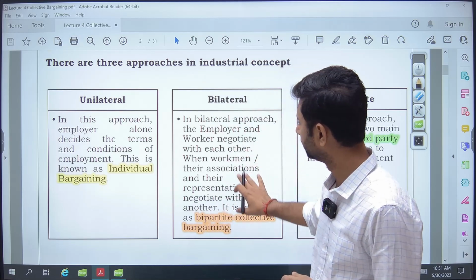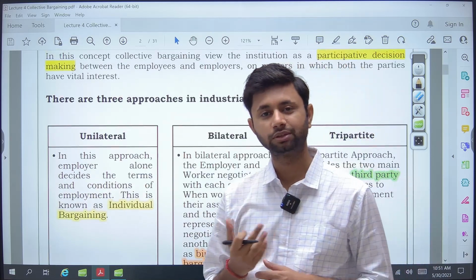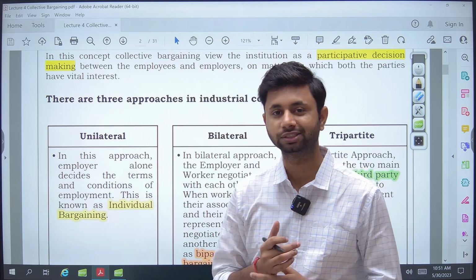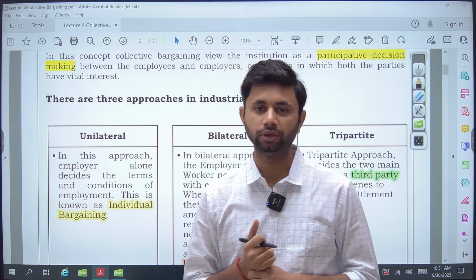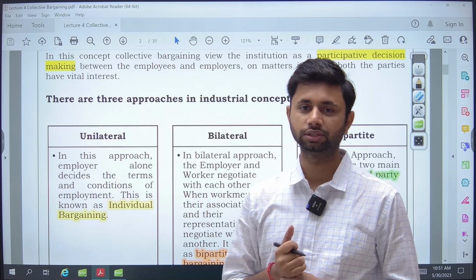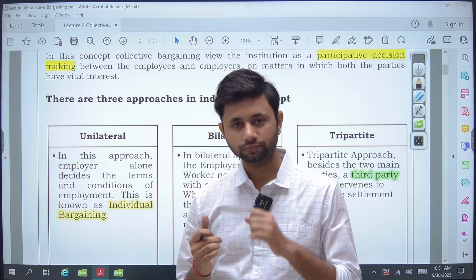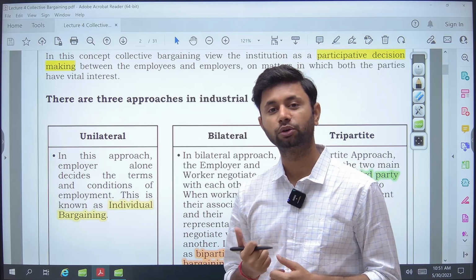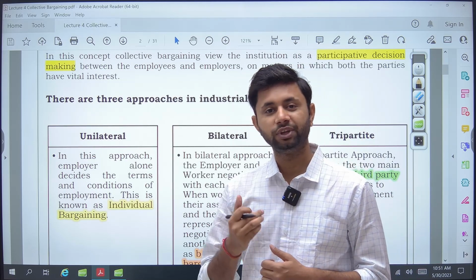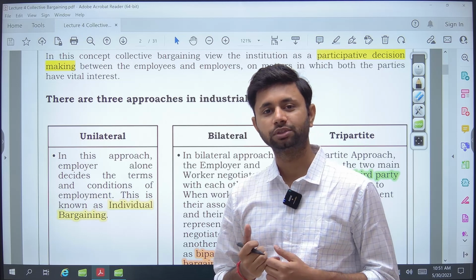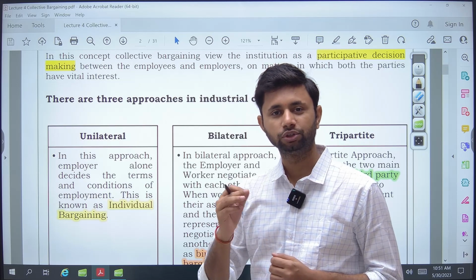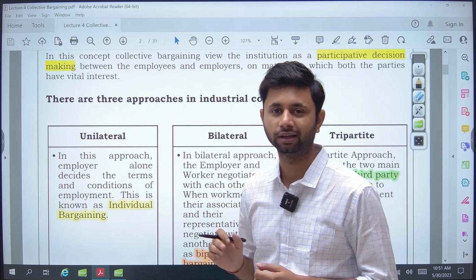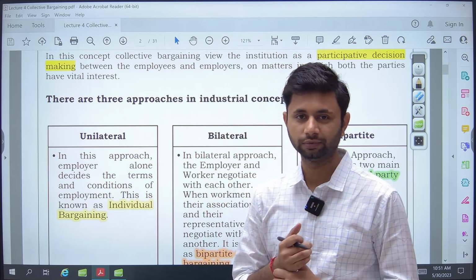But before that, we have to understand the basic theoretical concepts of collective bargaining so that we get a clear picture of it. Similarly, how did we do in industrial relations? We understood industrial relations well, so we were able to easily understand what the theories talked about, because the theories were only talking about different angles of the same concept that we discussed initially.